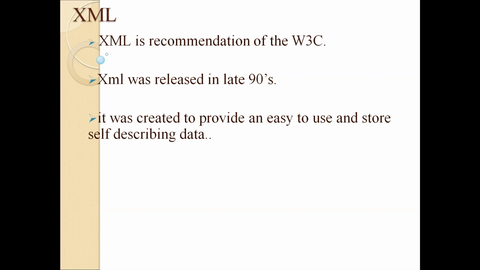If some people have their own data and they want to store or transfer it, XML is mainly used to store or transfer self-describing data. I will show how we can store self-describing data in the later classes, right? So keep the point in your mind. It was created to provide an easy way to use and store self-describing data.